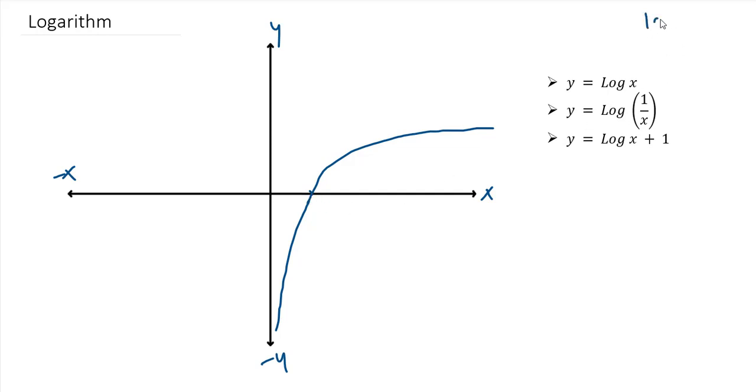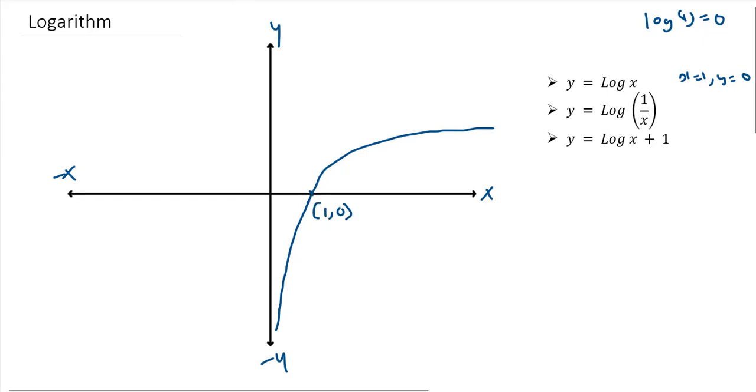As we know, log of 1 is equal to 0. So if you put 1 over here, the value of y will become equal to 0. So at x equal to 1, y will be equal to 0. So where is y becoming equal to 0? At this point, y is becoming equal to 0. So what will be the x coordinate of this point? It will be equal to 1. So the coordinate of this point will be 1 comma 0.